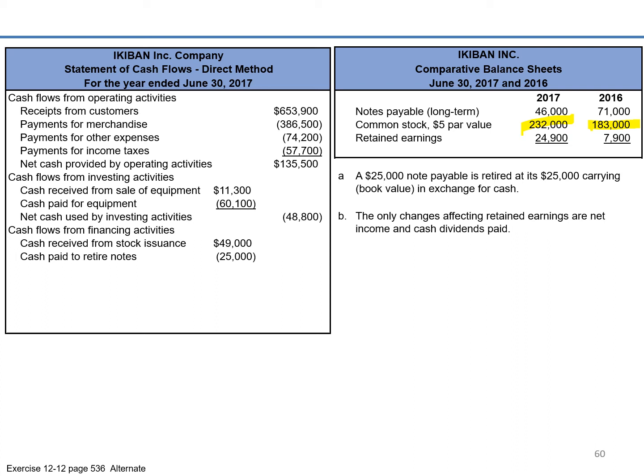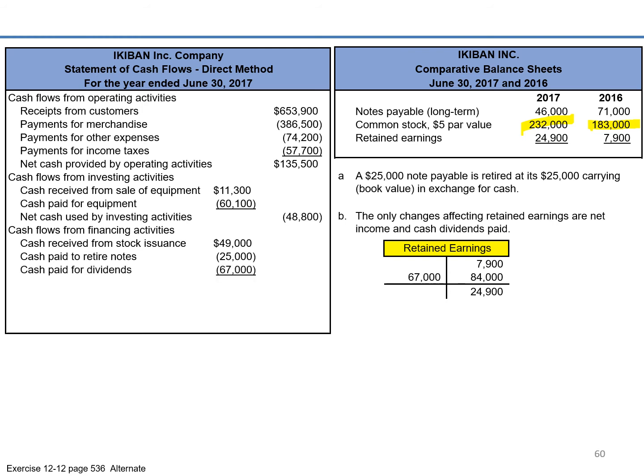Then they tell us the only changes affecting retained earnings are net income and cash dividends paid. So if we have retained earnings starting at $7,900, ending at $84,900, and we know that our net income was $84,000, I believe, from the previous slide, that must mean that our cash paid for dividends is $67,000.